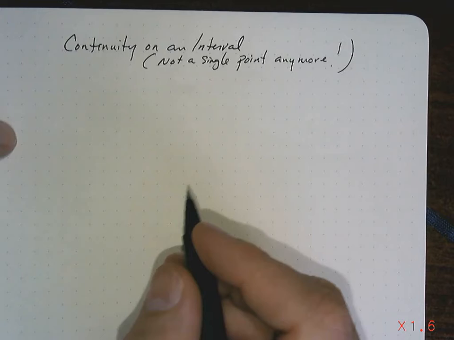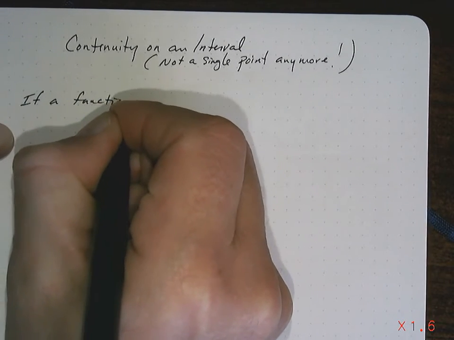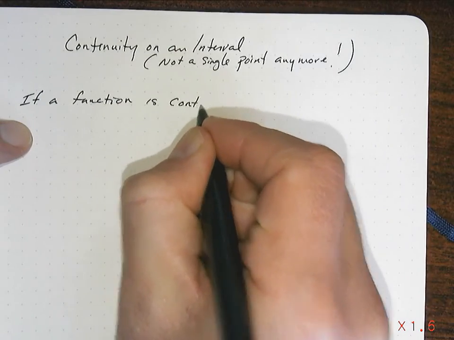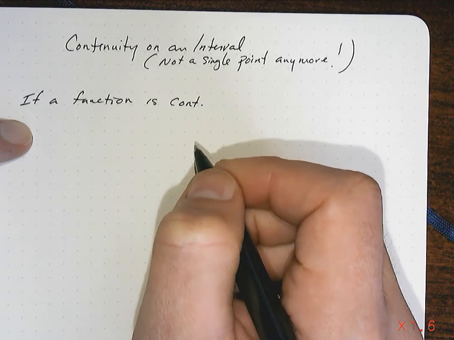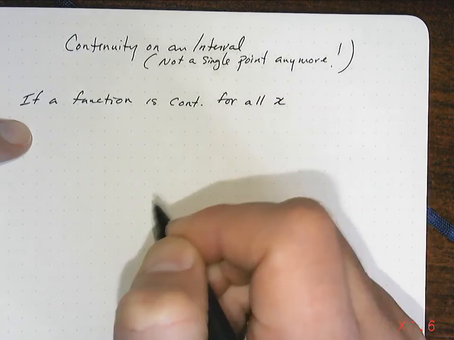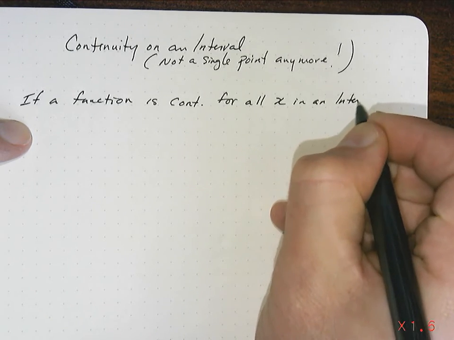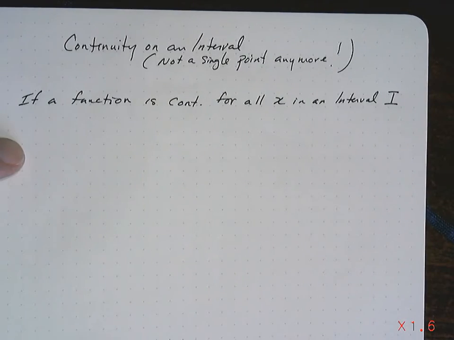So, this is a definition: if a function is continuous, can I use C-O-N-T with a dot to stand for continuous? Yeah. All right. If a function is continuous for all x values in an interval, and we're going to call that interval I. I'm doing formal math speak, because you're going to be going into programs where you're going to have to be able to read formal math.